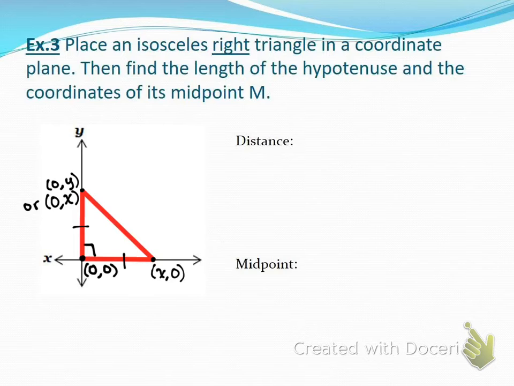Okay, so then we are going to use those coordinates to find the distance of my hypotenuse. So 0, x and x, 0 are going to be the coordinates that I'm using. So my distance formula, when I set it up, distance equals square root of. I'll just set up my whole skeleton of it to begin with. Which x coordinate do you want to start with?